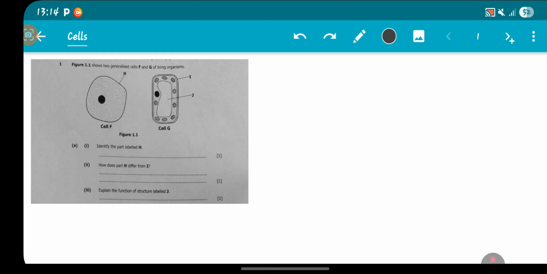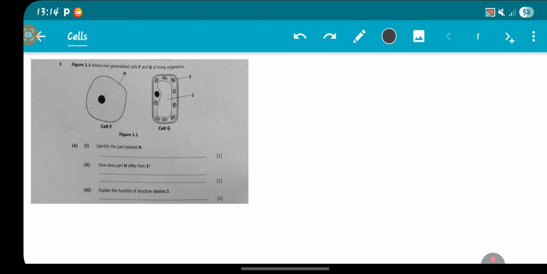So we're just here to solve this question on the cells. The question is saying figure 1.1 shows two specialized cells, F and G, of living organisms.